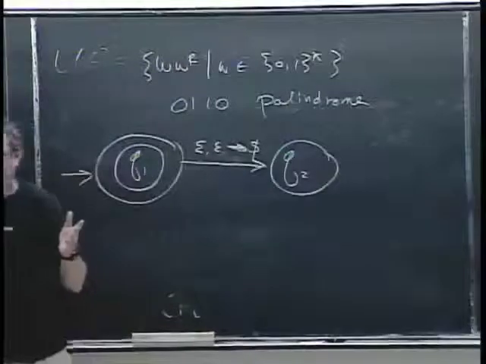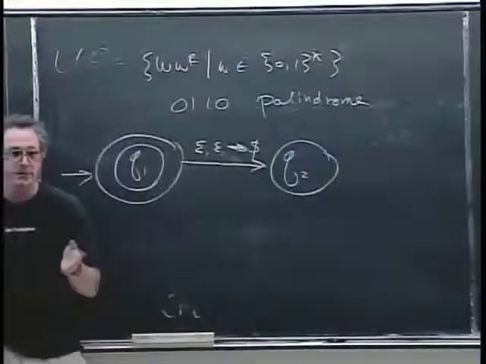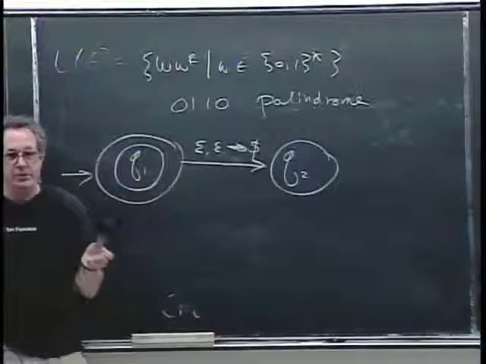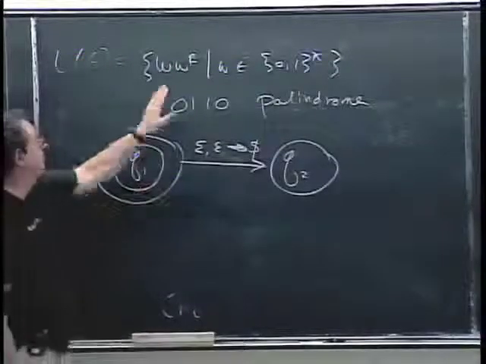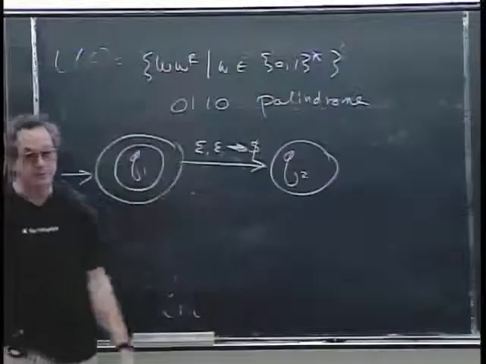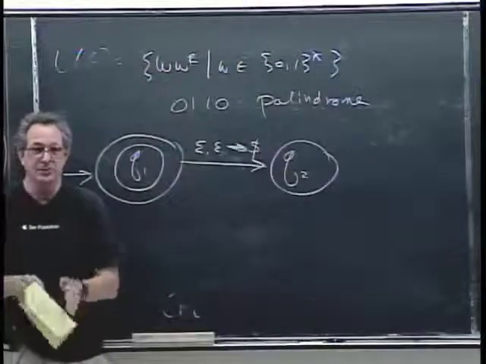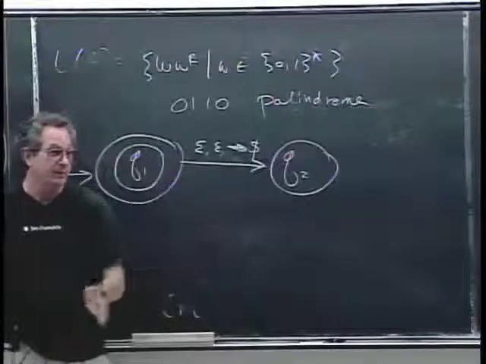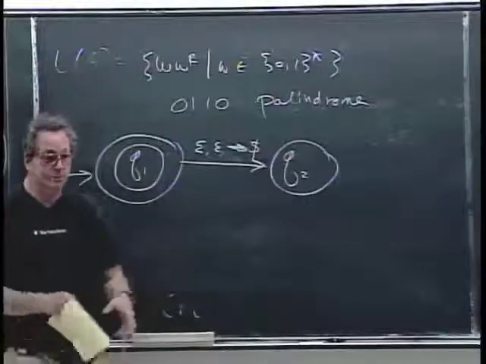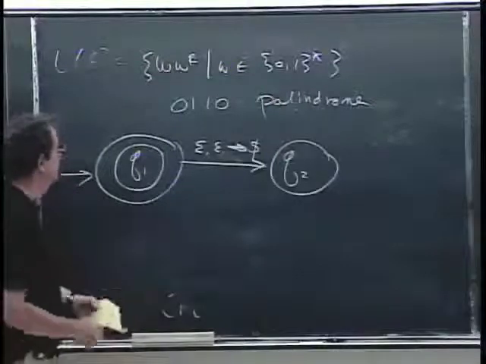Another way that people talk about the use of non-determinism is that the machine guesses what the right next thing to do is, or when to move from looking at the W to the W reverse and so on. But in fact, when we say guess, what we really mean is you do all the possibilities in parallel by spawning off new machines.